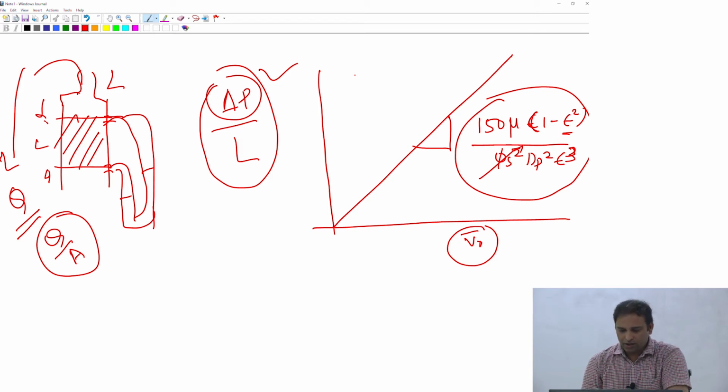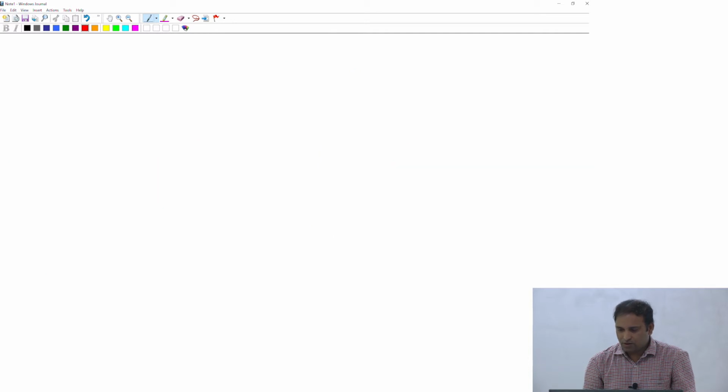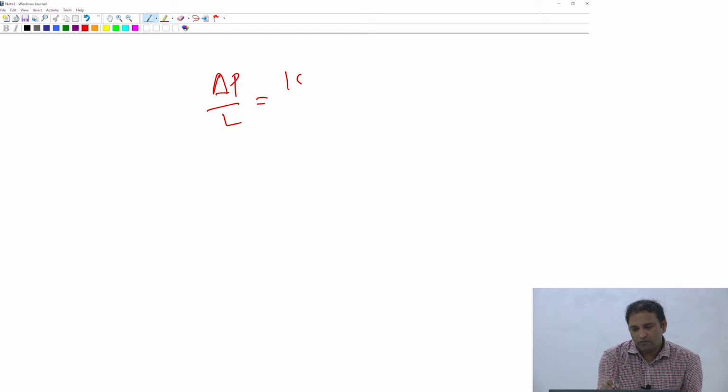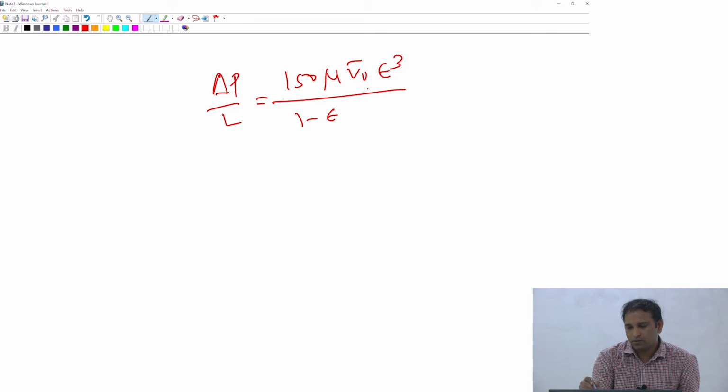Now again we'll go with the same expression, 150 times mu V naught bar, sorry, that's wrong, that's 1 minus epsilon whole square.